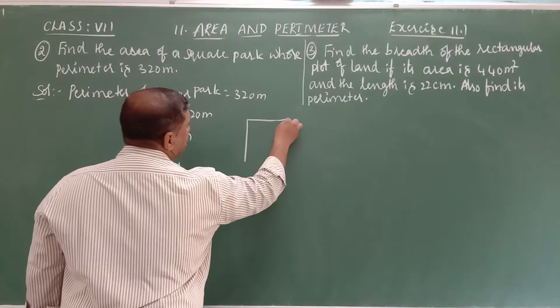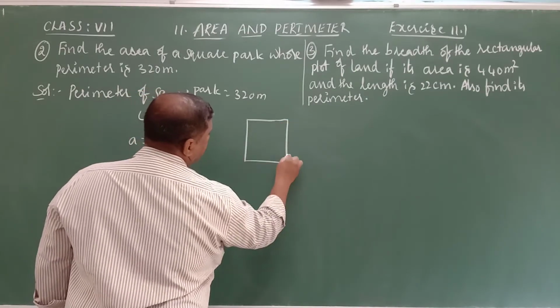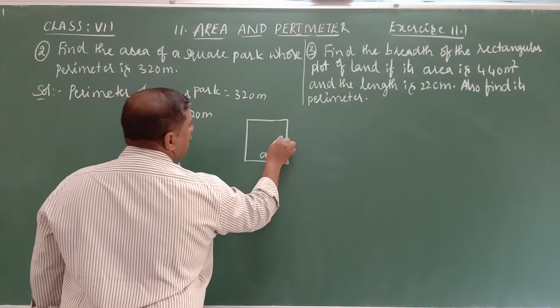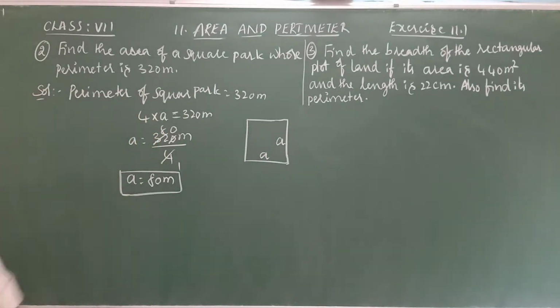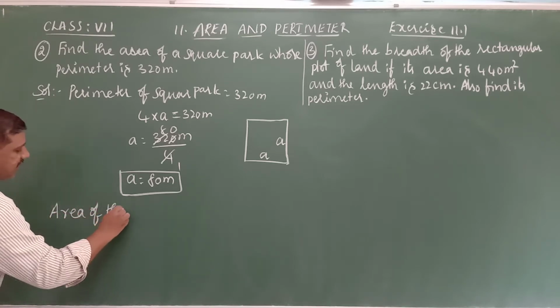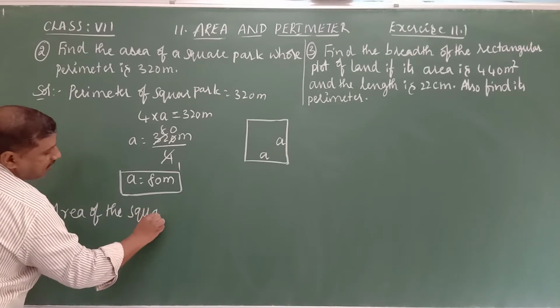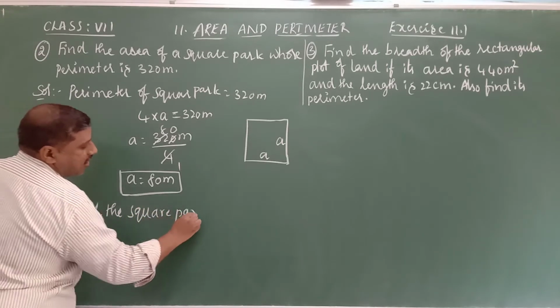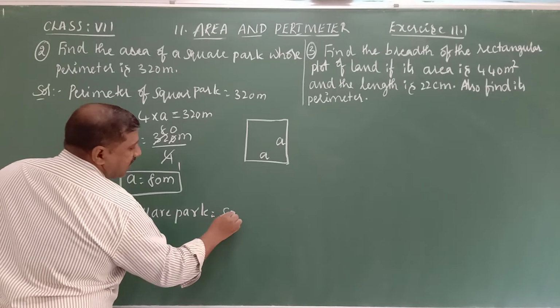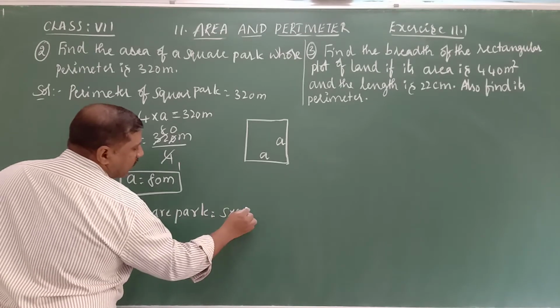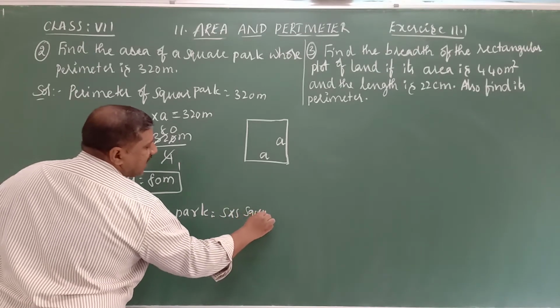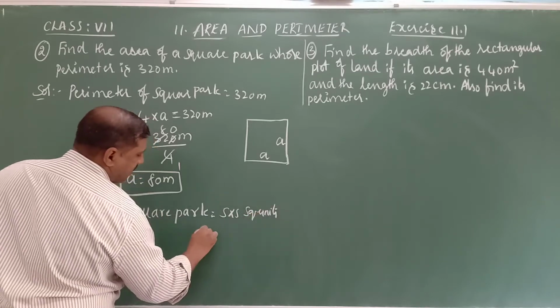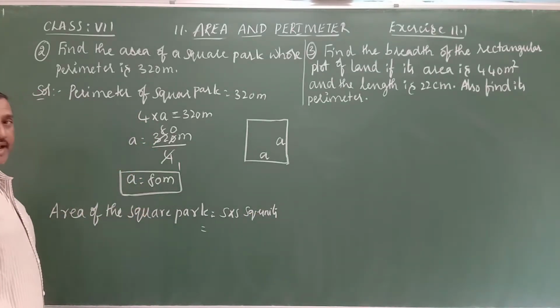Let this be the square park whose side is A units. We now got 80 meters. What we have to find is the area. Area of the square park is equal to side into side, that is A into A square units, where A is equal to what?